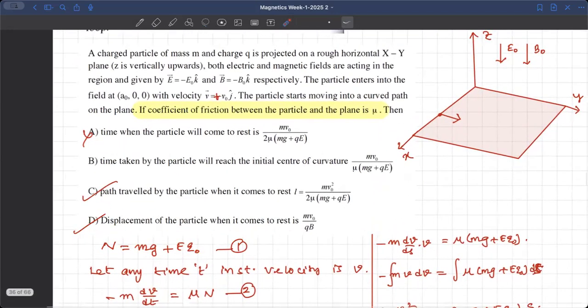Please read this question carefully. We have already done this question, but still read it carefully. I told you today we will discuss strictly difficult questions. I'll come in the afternoon if possible, and I'll try to check homeworks.